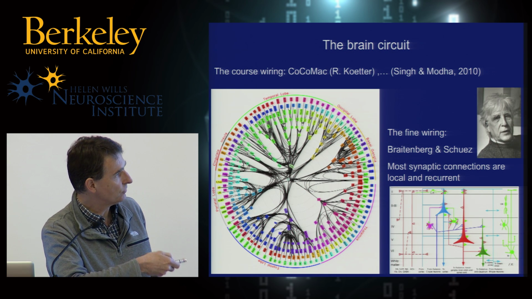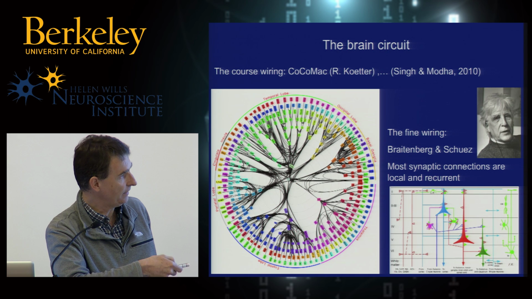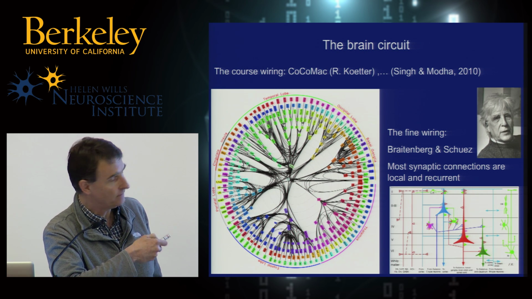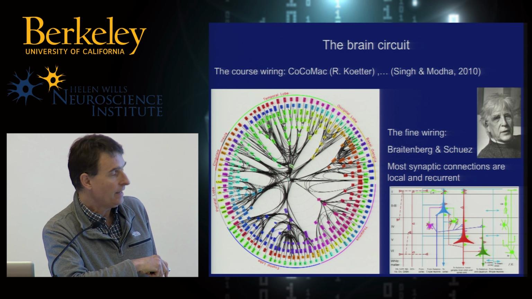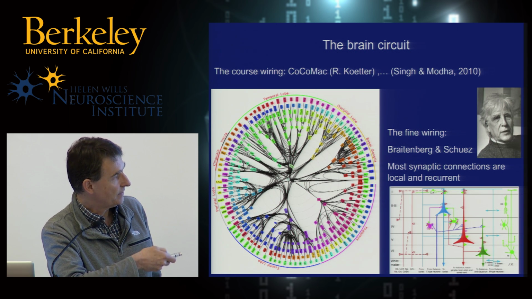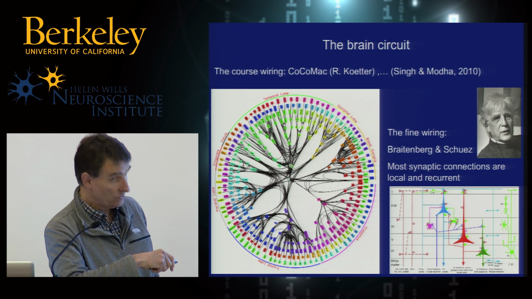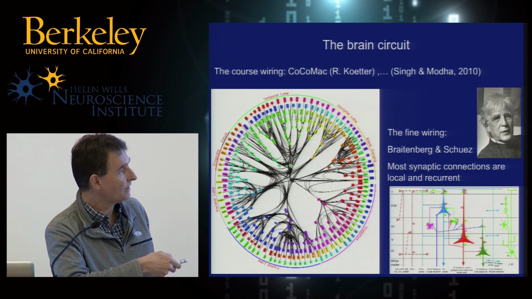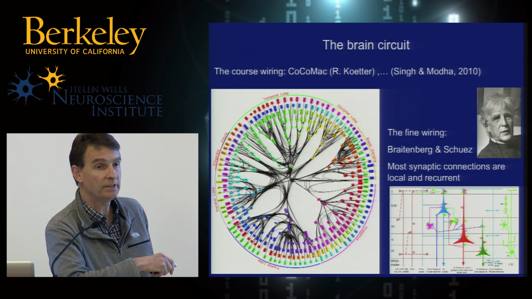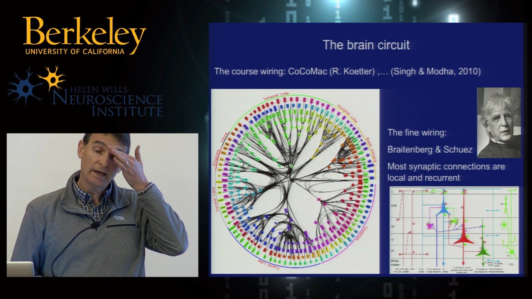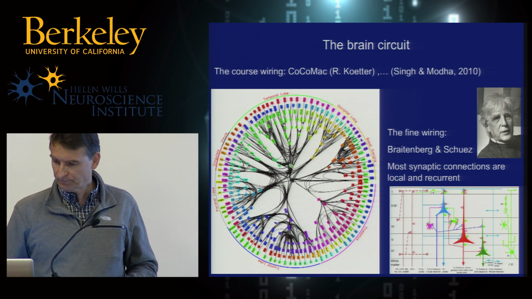They really started to count in detail, for example in the cortex of the mouse, what is the percentage of local excitatory connections versus the far-ranging fibers. The result of this analysis is that most of the connections are local, and most of the connections are excitatory. So roughly speaking, we have a network which is very different from a deep learning network. We have a very strong local connectivity, and it's an excitatory connectivity.